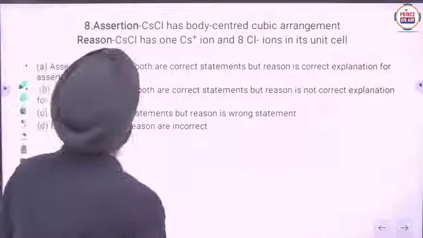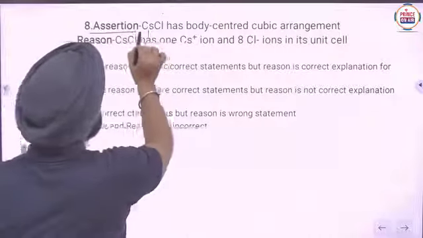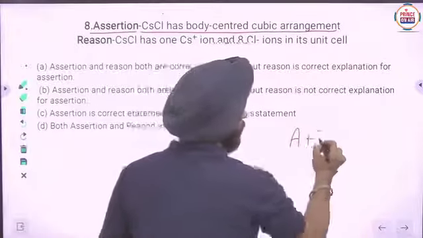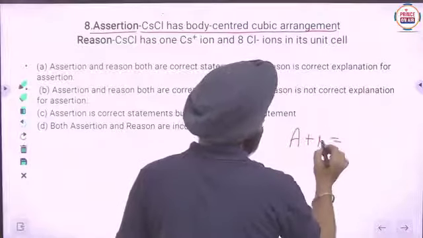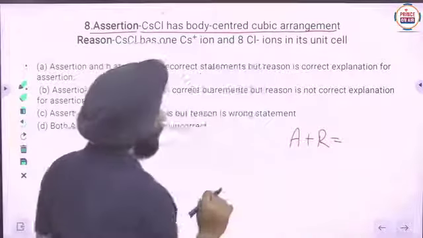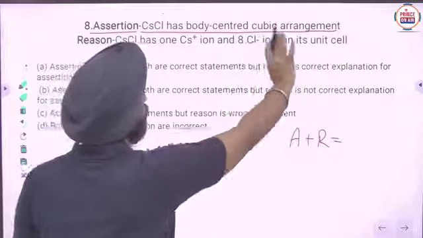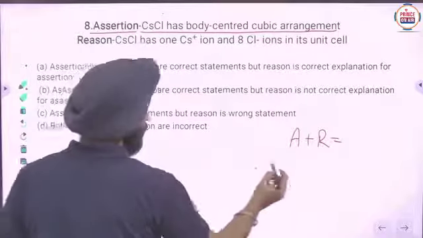Okay, let's do that. Assertion: cesium chloride has a body centered cubic arrangement. That is correct.